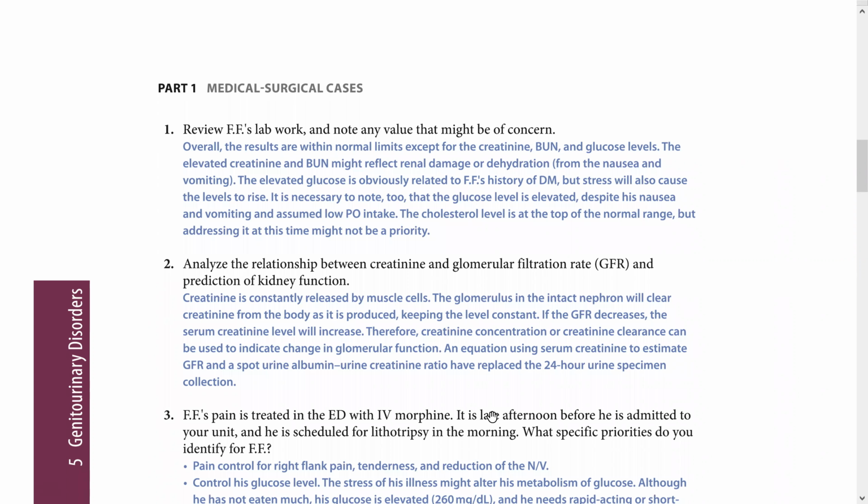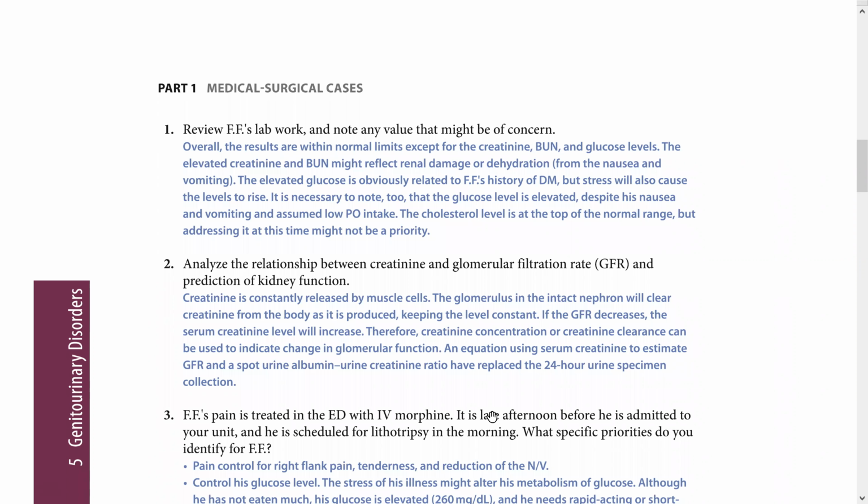Facilitate sleep and rest because they're pretty exhausted. Monitor the H&H because if we have hematuria, then we're also losing blood volume. Monitor fluid status and creatinine levels. So BUN and creatinine do indicate underlying renal damage.